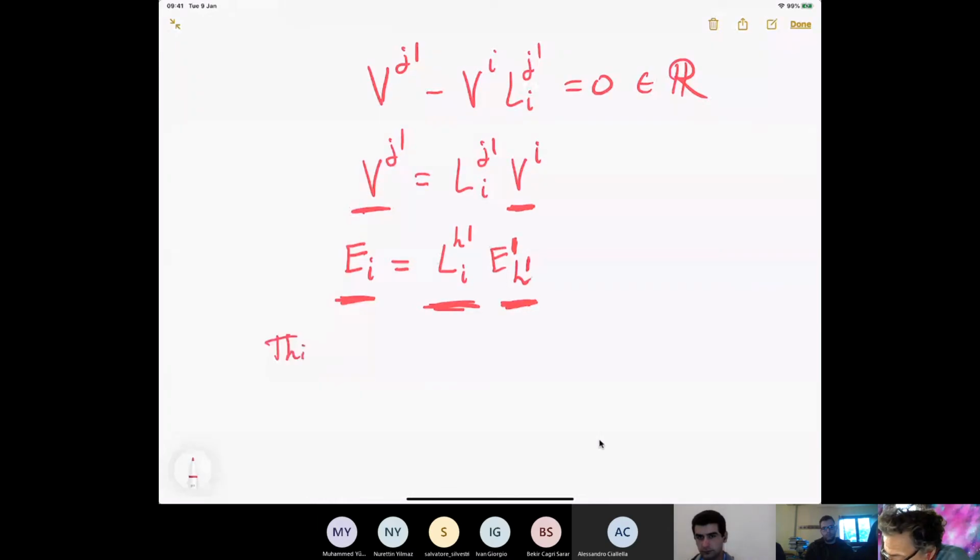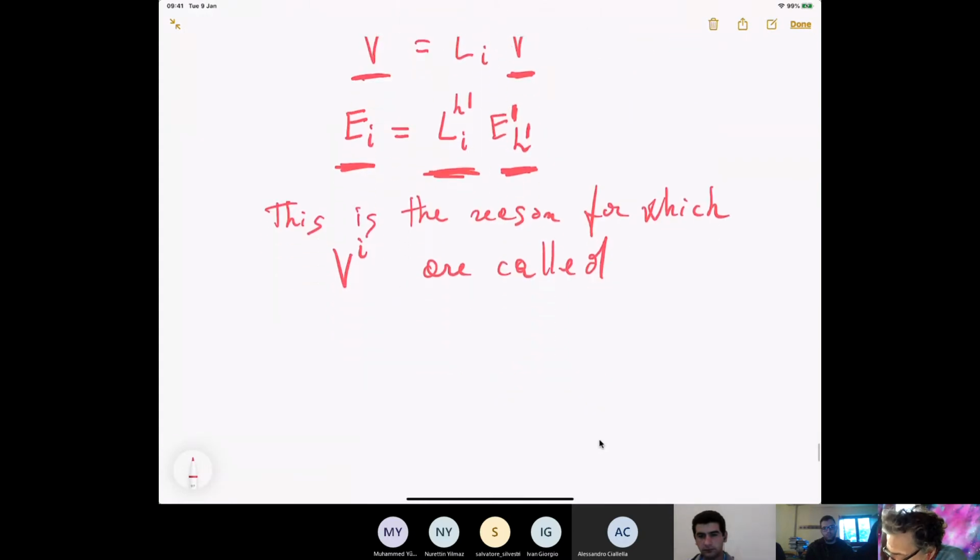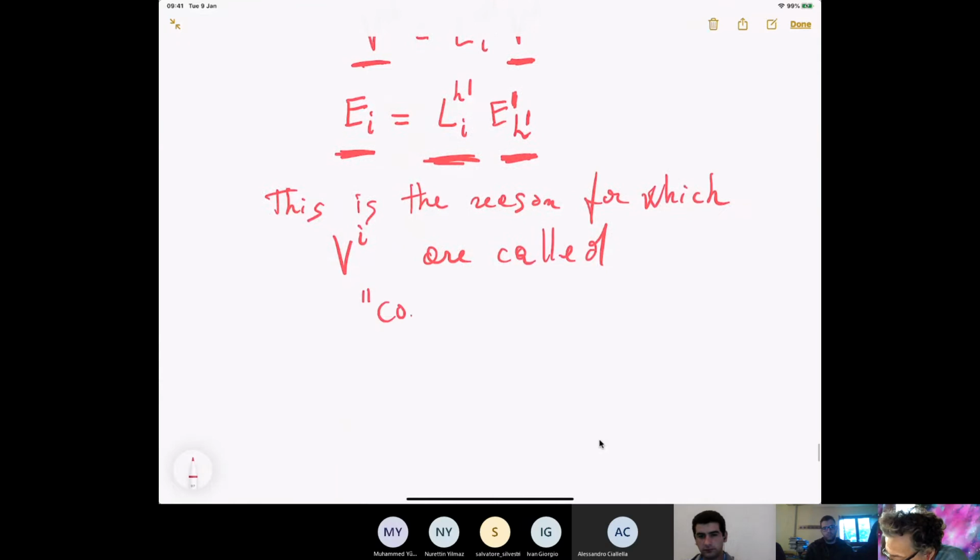So this is the reason for which the v^i are called contravariant components.